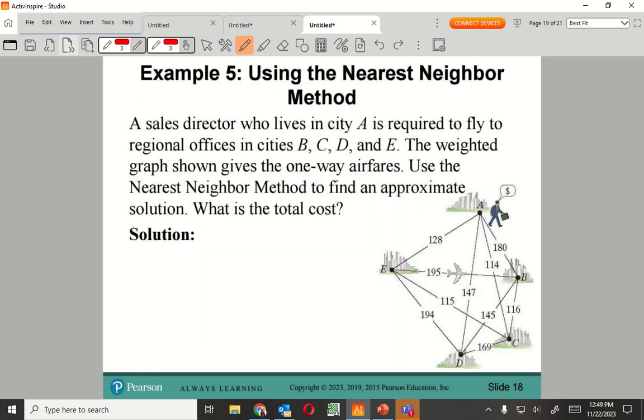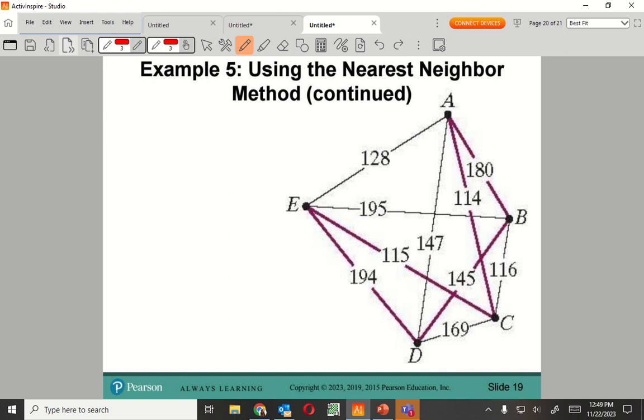What I have here for you is a larger version. So starting at A, so we're going to go over this one right here. Starting at A, the smallest number from A is 114, right? So that's the reason why. So it's either 180, 114, 147, or 128.